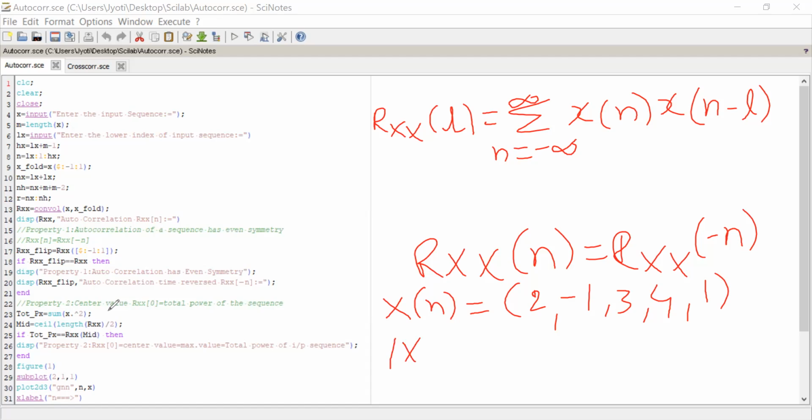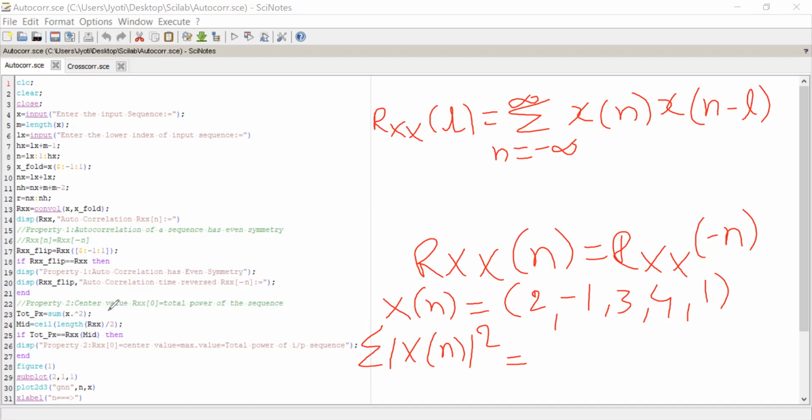It is the summation of magnitude of x of n whole squared. For each value of n, you square the value, then add all the squared values, and you get the power.